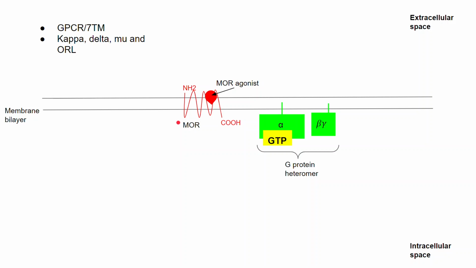And the obvious difference between these is that your endogenous opioid peptides don't produce any side effects, you don't get tolerance and withdrawal from them, whereas with drugs like morphine you do. So a lot of research is focused on trying to work out the differences and why morphine produces these side effects and the endogenous drugs don't, and whether we can find ways of mimicking the action of endogenous opioids to maximize hedonia and minimize tolerance and withdrawal.